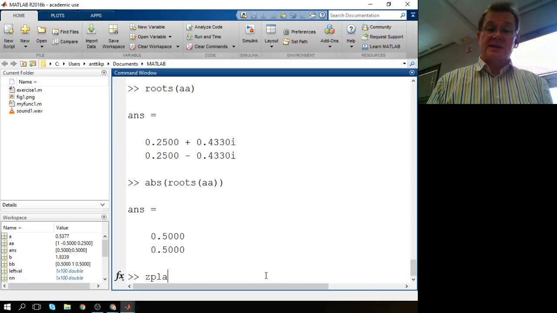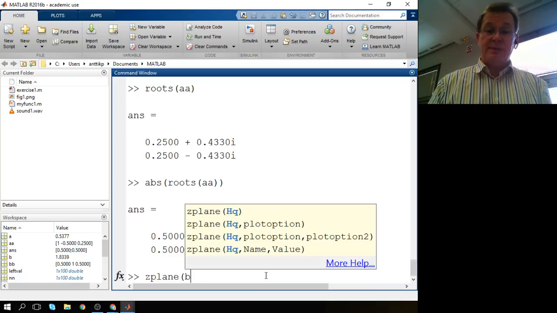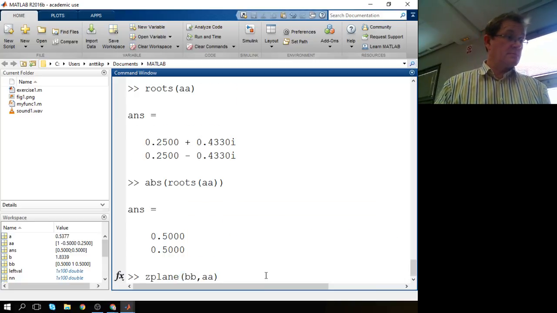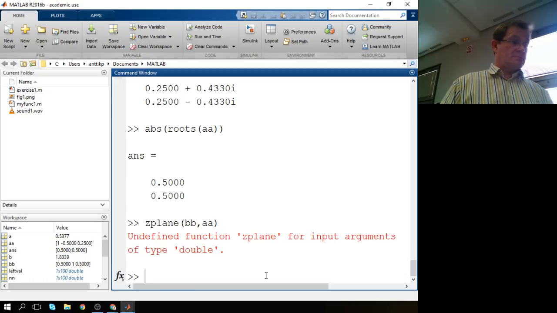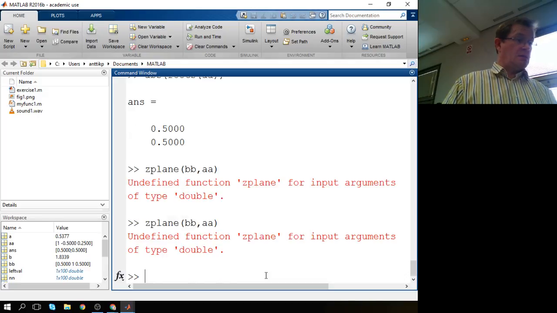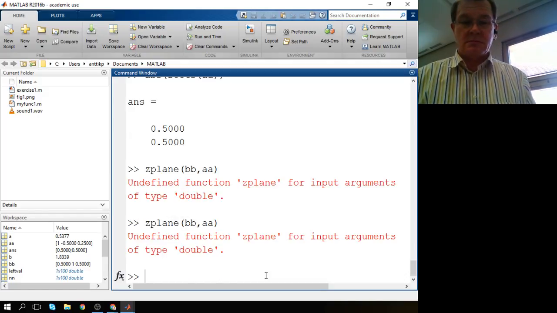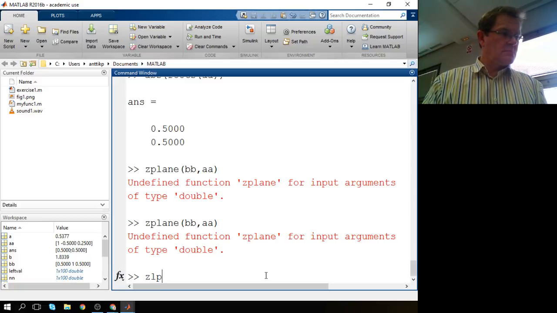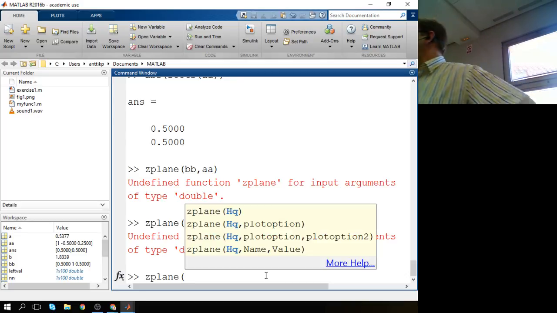Or we can actually just plot them. Z-plane, b, a. Oops. Why do you not have a z-plane? Do you have a z-plane in your MATLAB? Try z-plane b, a. Yes, it plots.